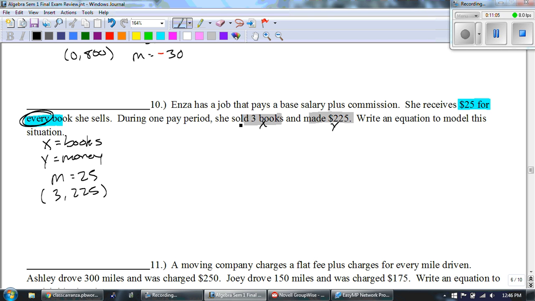I have a point and I have a slope, so I'm doing point-slope. My slope is 25, my y is 225 and my x is 3. Then we just solve like we were doing before.